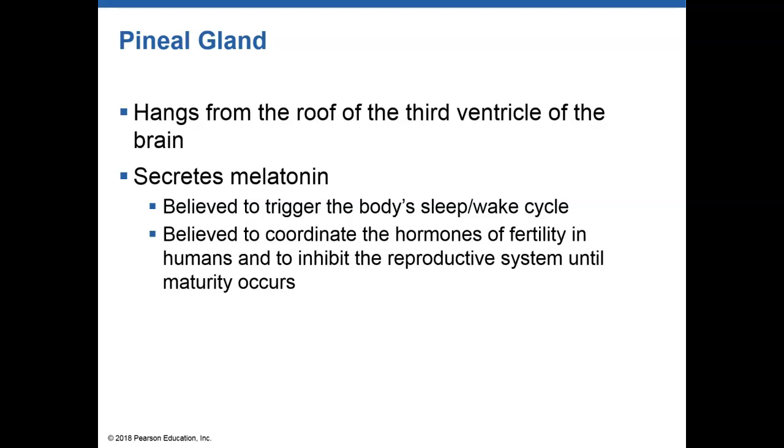So too much melatonin is not good for you, and the best way to not produce too much melatonin is to get out into the sunlight when it is like a winter season and there's less sun. Get out in the sunlight when there is sun so that your body doesn't produce too much melatonin.